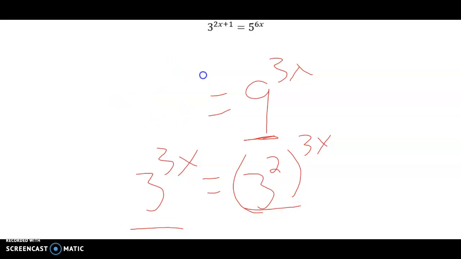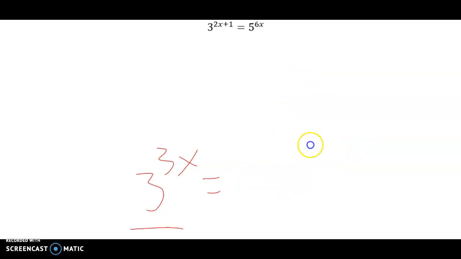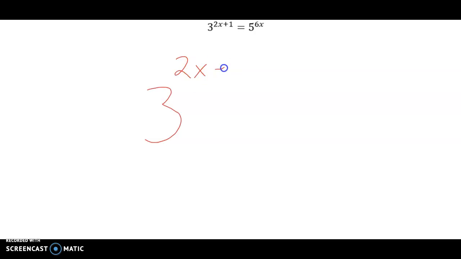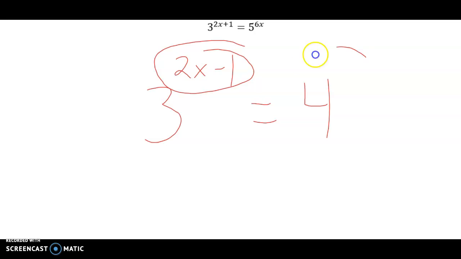Nice. And then you graduated, and you started moving to problems that look something like 3 to the 2x minus 1 equals 4. Now, we can't really rewrite 4 to be a base of 3, so we had to end up using logs. And you went through those videos, but notice over here, the variable was in the exponent, but over here, we just had a constant, so no big deal.